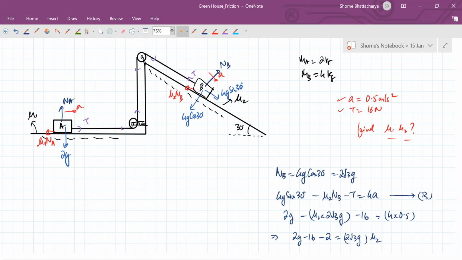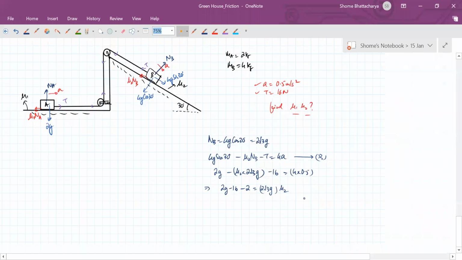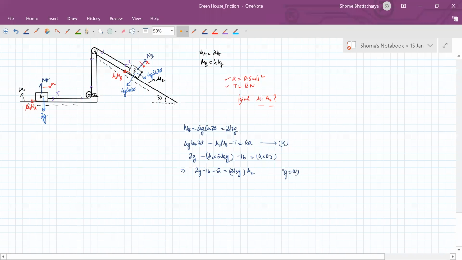Now let's substitute g as 10. So this will become 20 minus 18 is equal to 20 root 3 mu2. So mu2 will become 2 by 20 root 3.